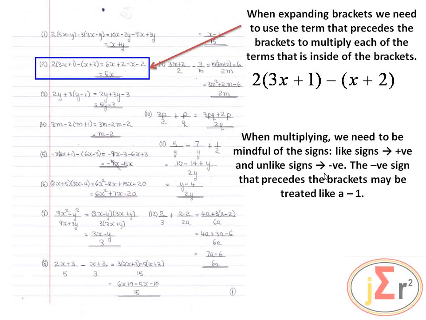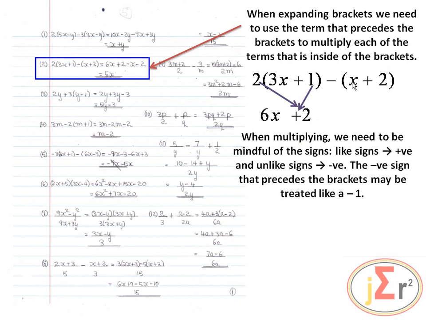The negative sign that precedes the brackets that we have right here may be treated like a negative 1. So let us go. 2 times 3x, 6x. Then we have to take the 2 to multiply this one. So we have 2 ones, 2. And here we will treat this like a negative 1.